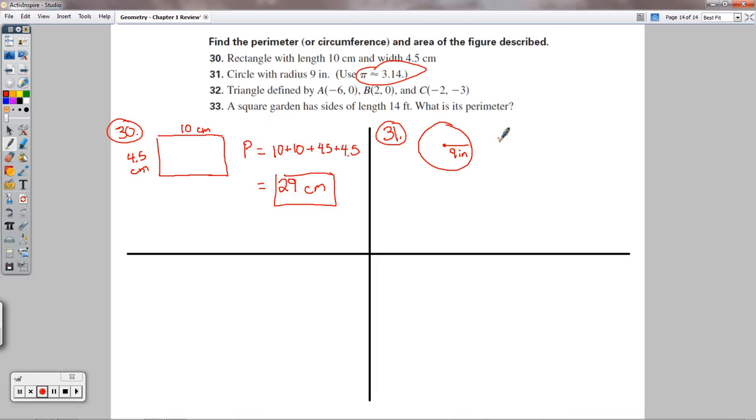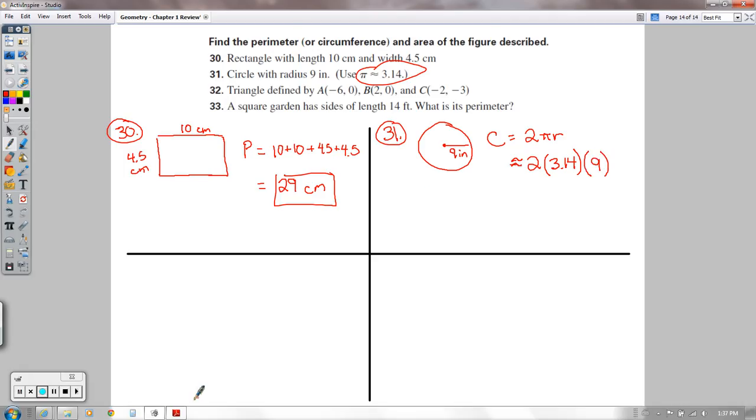It's finding the length of the outside of the circle. Circumference is the fancy name for the perimeter of a circle. So we've got 2 pi r for this. We know the radius is 9, and we're supposed to use pi as 3.14. So I'm going to write in 3.14. I'm going to make this approximately equal to now, since it's approximately 3.14 for pi.